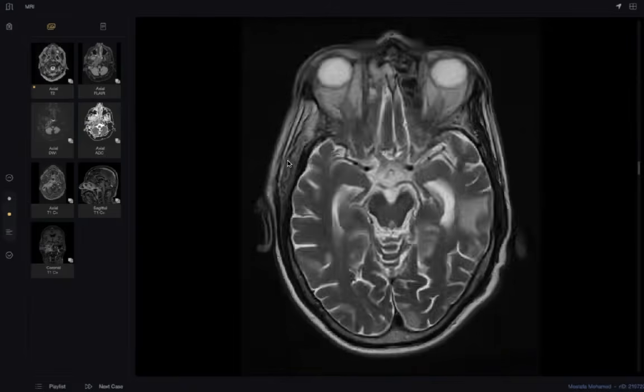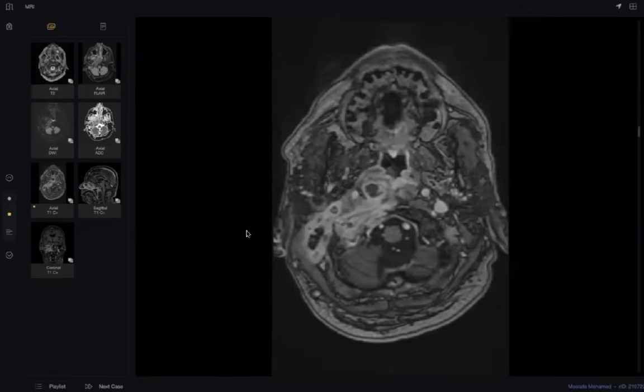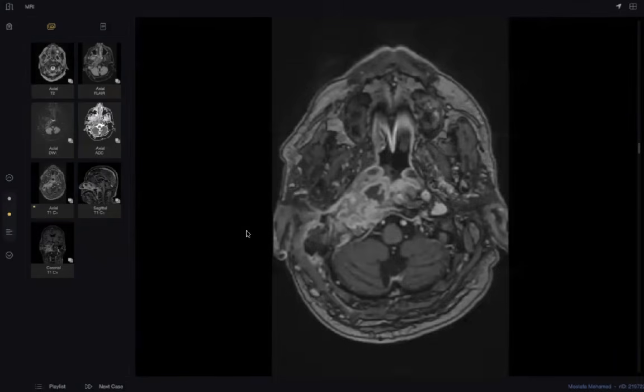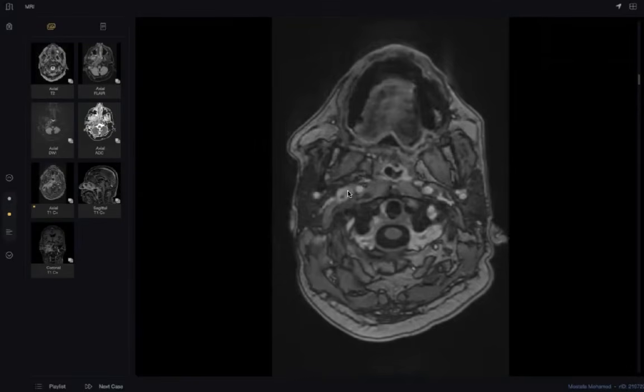We're concerned about obliteration of the middle ear. I would like to check the contrast study to evaluate any intracranial extension, any abscess formation. Yes, there is extensive enhancement in the skull base, with extension up to the nasopharynx.